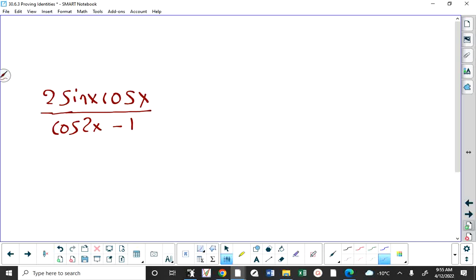And we also have this identity that says cos of 2x equals 1 minus 2 sine squared x. Pardon me? I think the denominator was +1. Was it +1? Okay, thank you.